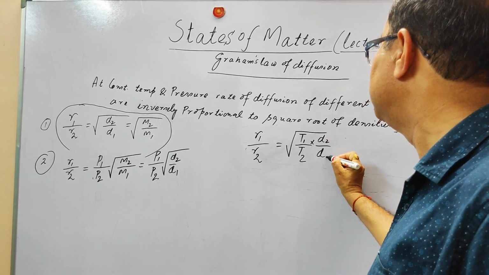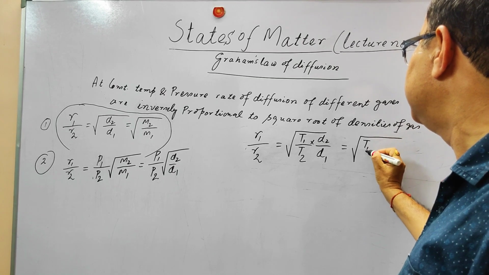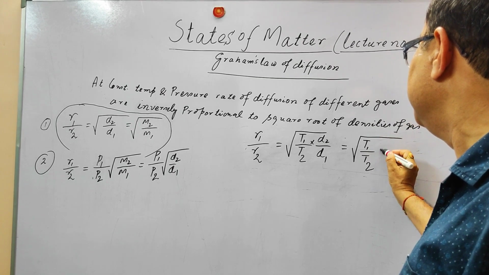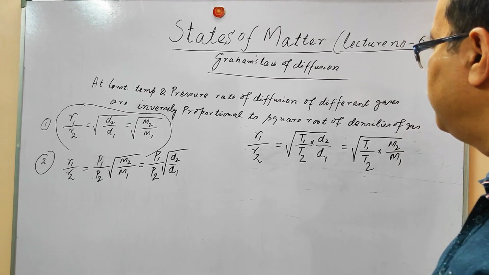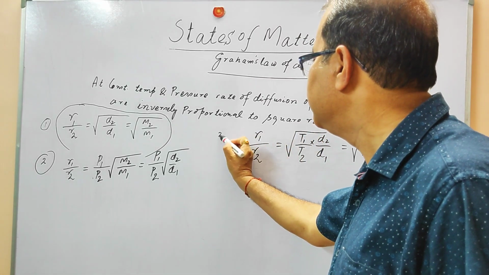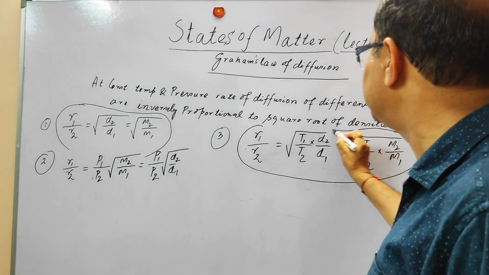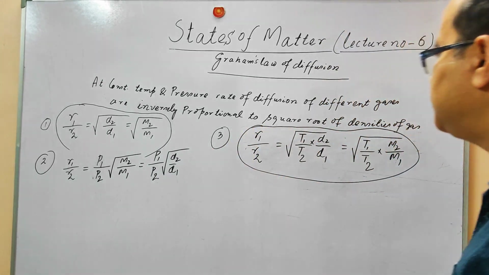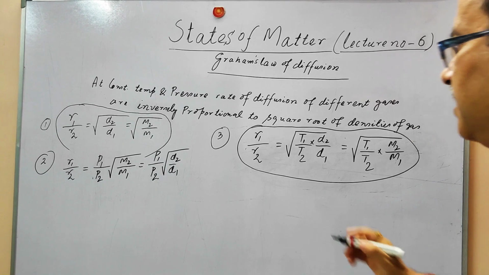This can be further written as T1 by T2 into M2 by M1. So this is the third relation, with the diffusion and the temperature, density and molecular mass.